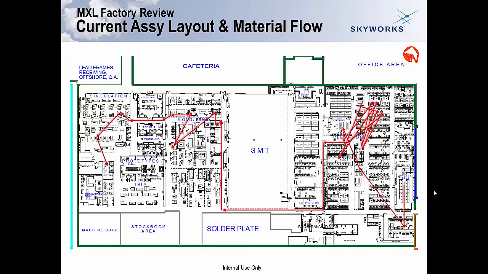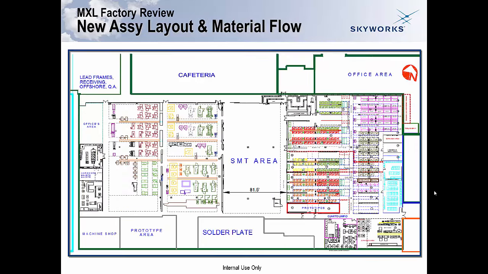We used this as the basis to do some other studies to see if we could reduce some of the transportation. There were a lot of issues other than just movement of material and the time that went along with that. So there's the flow diagram, and that was the before. And then here's the flow diagram for the after. We reorganized into lean manufacturing lines, so each line represented a product family, and we'll talk about that more when we get to lean.